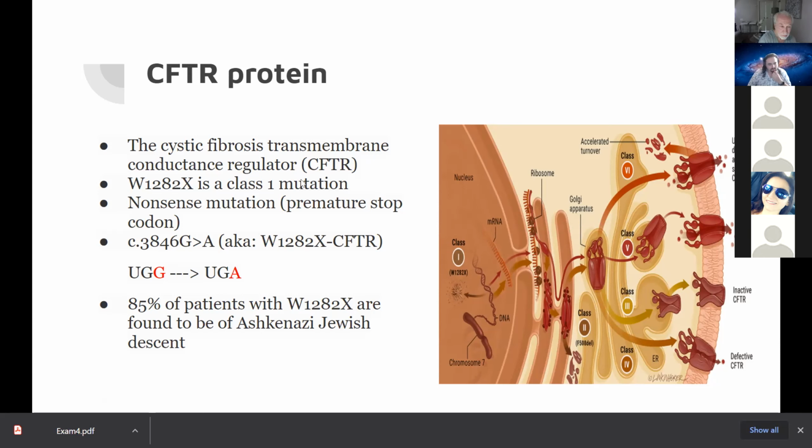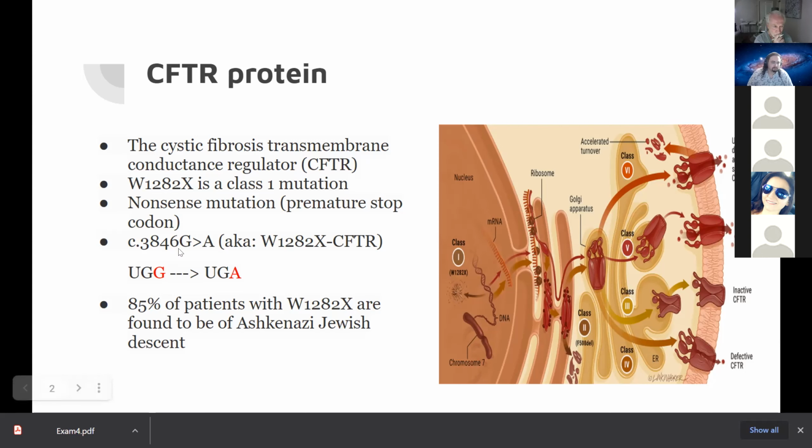W1282X is a class 1 mutation because of the nonsense mutation in the CFTR gene that causes early termination of protein synthesis due to the early introduction of a stop codon. So we have guanine that has been replaced with adenine.